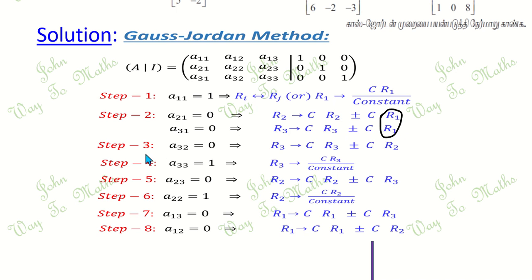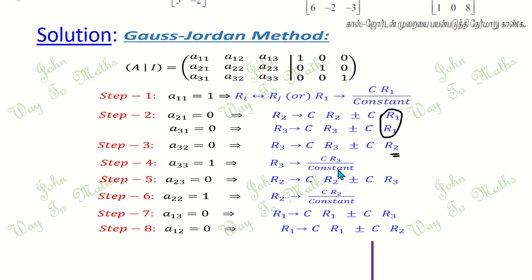Step 3: a32, the third row second element, must become 0, so we compare row 3 and row 2. Step 4: a33, the third row third element, must be 1, so we multiply or divide the entire row by some constant.